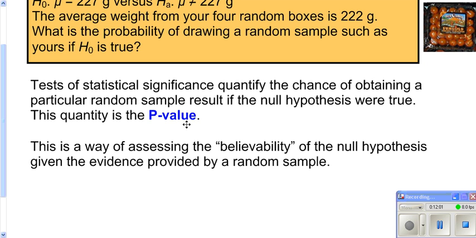Basically, it's going to let us know what the chances are of us getting a 222 gram average from a sample of 4 if this was just chance variation. It tells us how believable this is. Now, if you have a small p-value, you know that it's not likely to occur by chance alone, and that something else must be occurring.